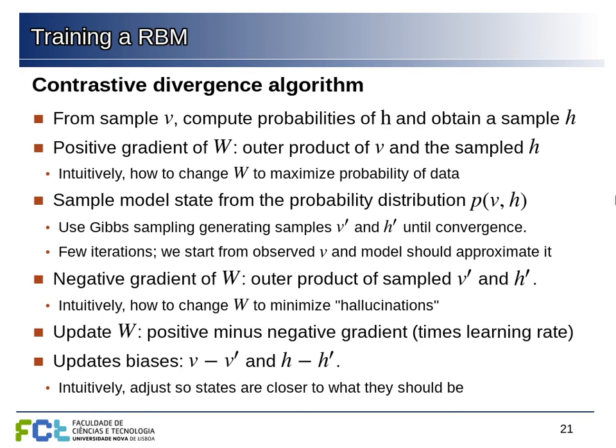We have a sample of the observable values, and we can compute the probabilities of the hidden values and extract a sample from those probabilities. So now we have a sample that we observed, and a sample extracted from the probabilities of the hidden values, and we can now compute this positive gradient.